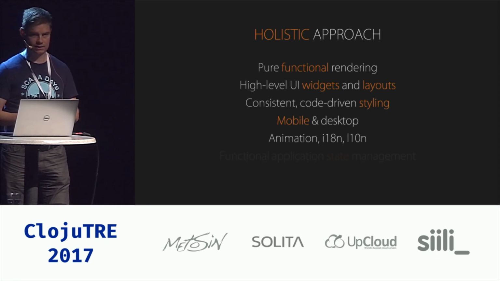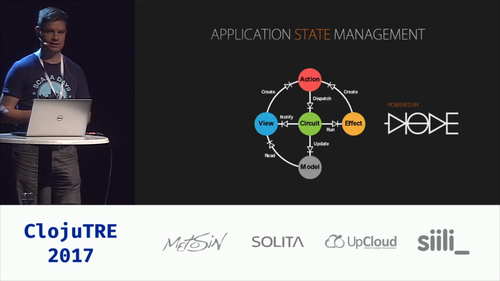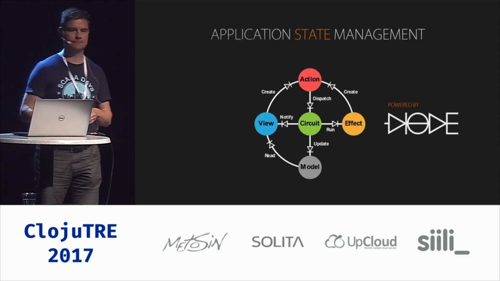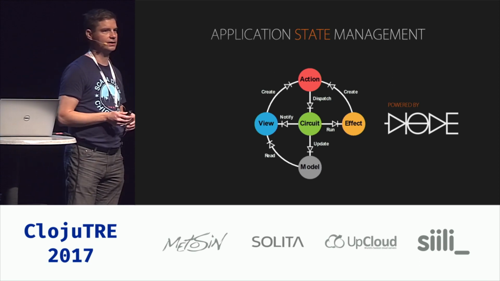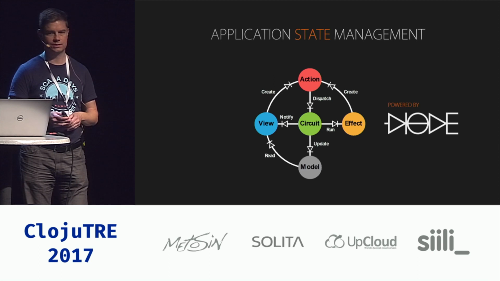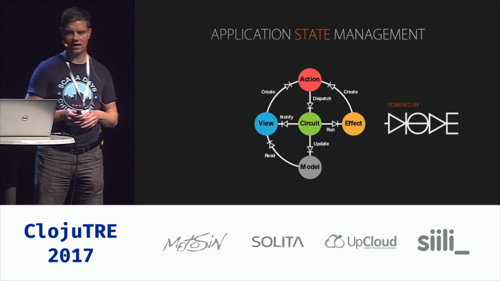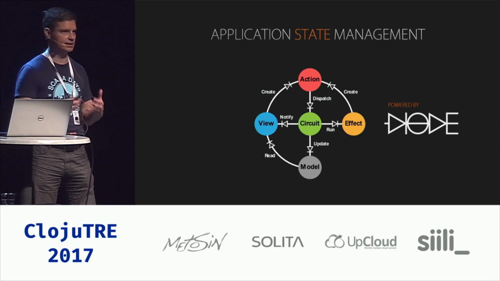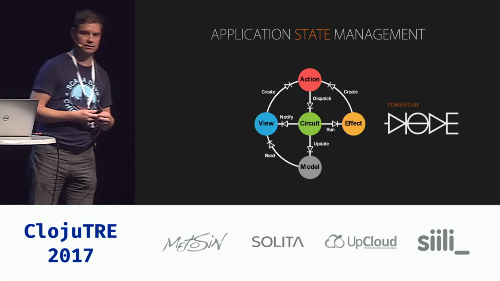It also comes with a functional application state management library called Diode, which works pretty similar to what you have in Elm or in Om for ClojureScript or in Redux for React. So basically you have this single immutable model that represents the state of your application.